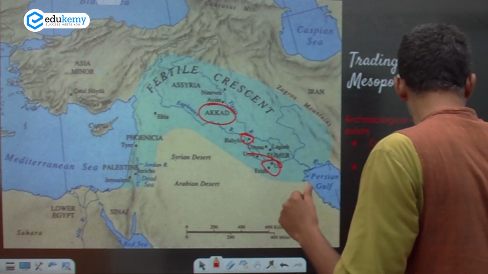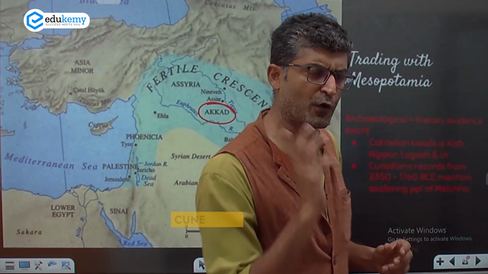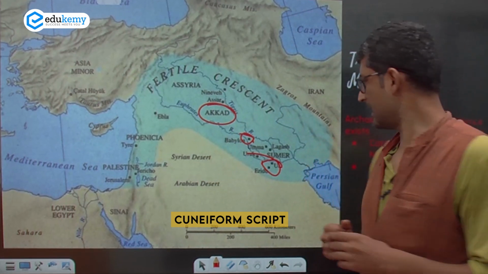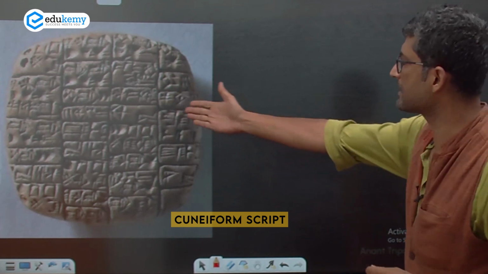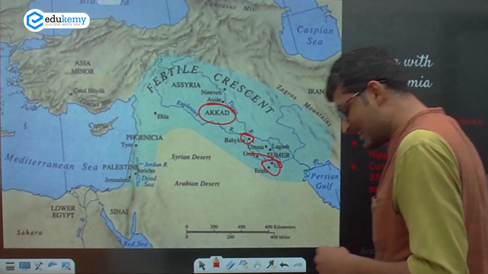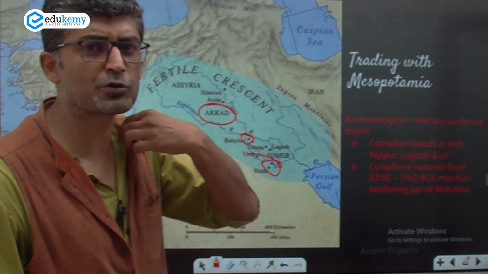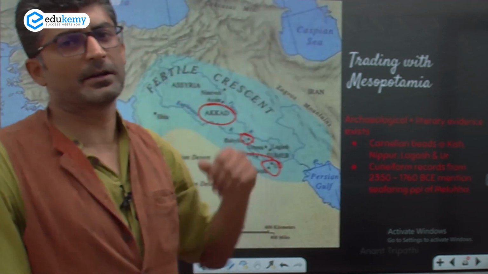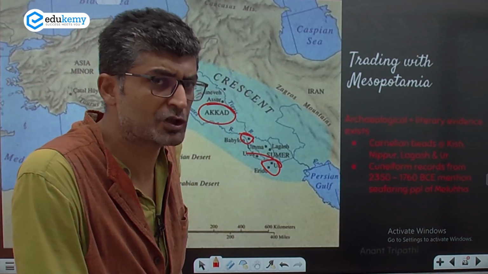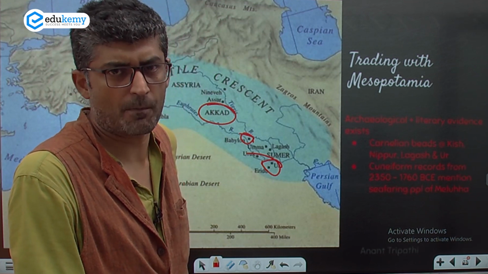Mesopotamians wrote in a very interesting cuneiform script. I'll show you a sample, something like this, a cuneiform script. They wrote in this, and this script was deciphered, and it talks about a region and seafaring people who specialized in traveling through seas, the people of Meluha.